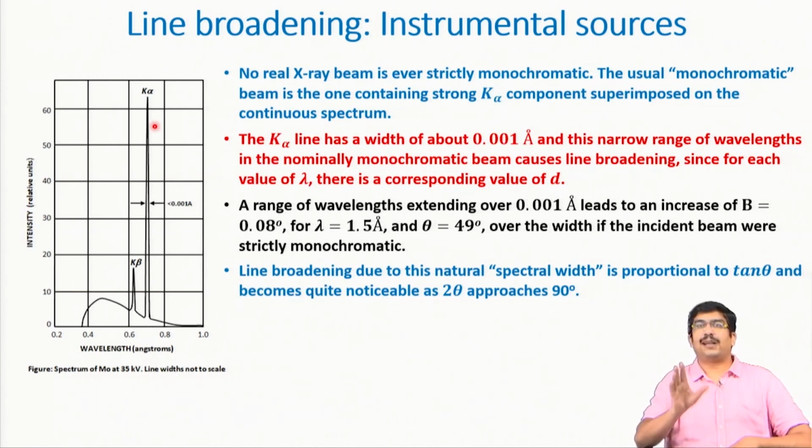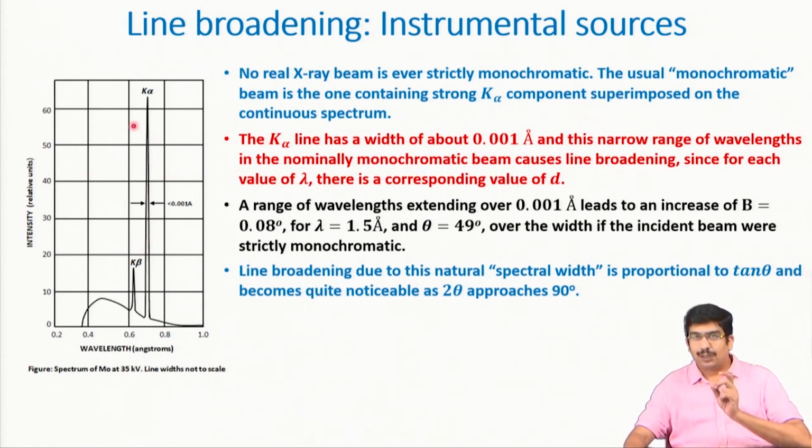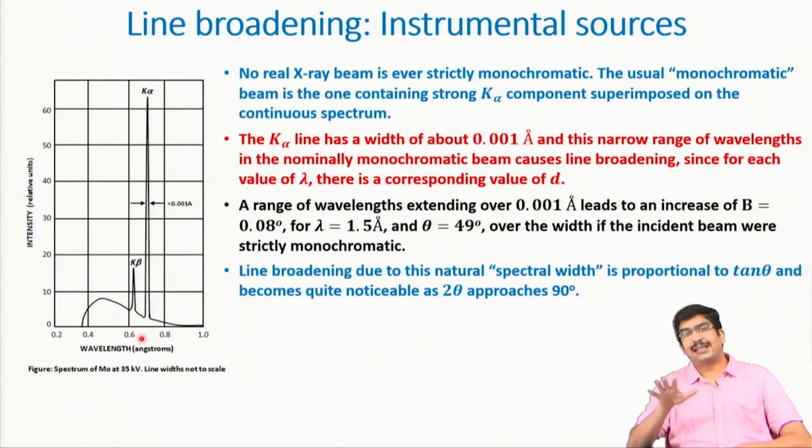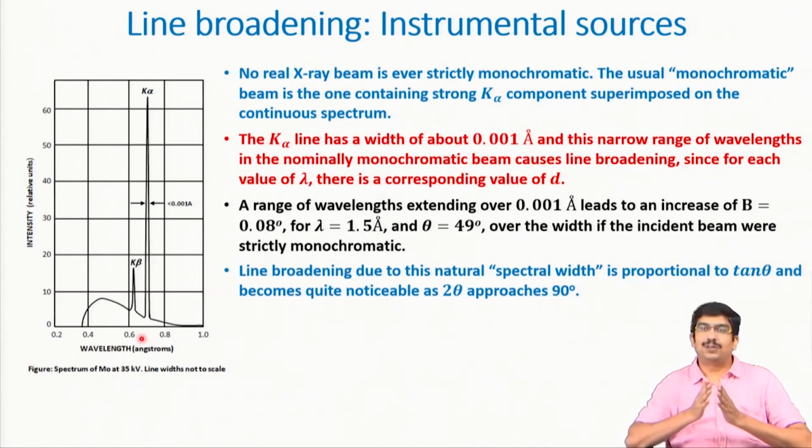It will not be a perfect monochromatic beam, it will have a range, and that is related to the width of this K alpha itself in 2 theta, on the wavelength axis. The K alpha radiation will have some finite width. That means the X-ray beam finally falling on the specimen will have a lambda with that kind of range in the plus and minus direction.